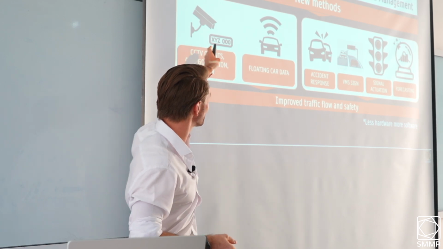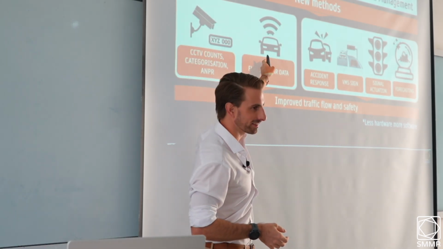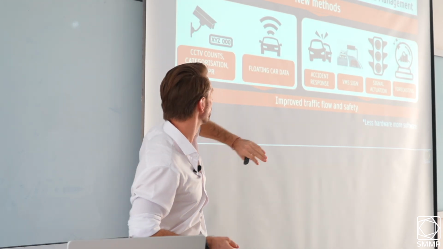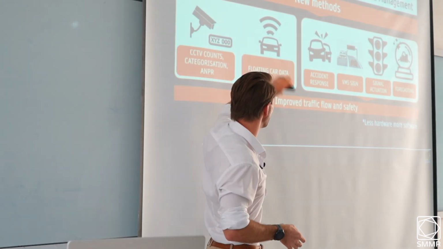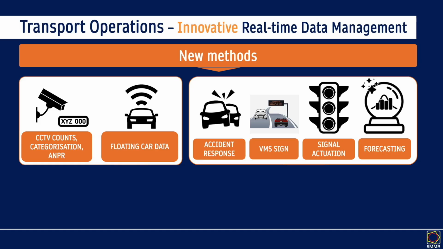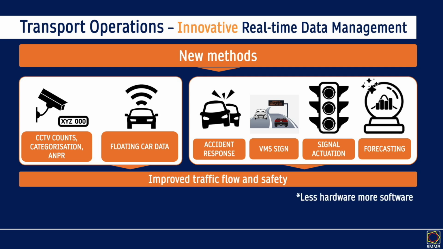So a couple of cameras and existing data from Grab or Google or someone who sells floating car data, we can do everything we can do with a lot of hardware and even more. Basically, using these new methods with a lot less hardware and a lot more software, we can develop very advanced capabilities.